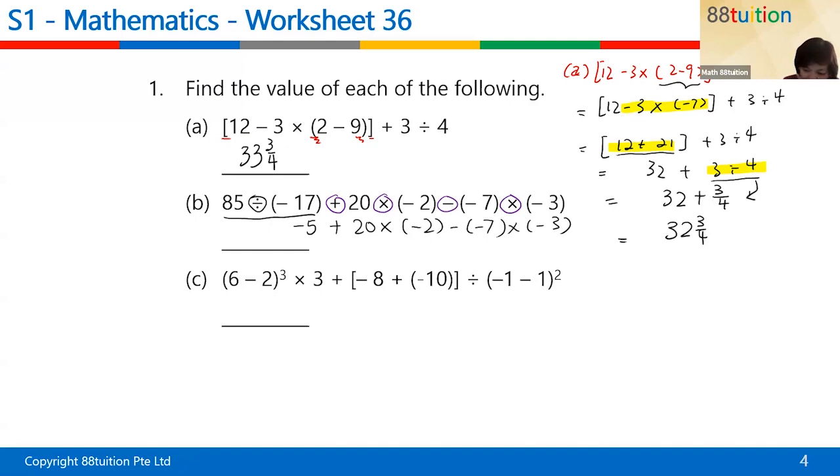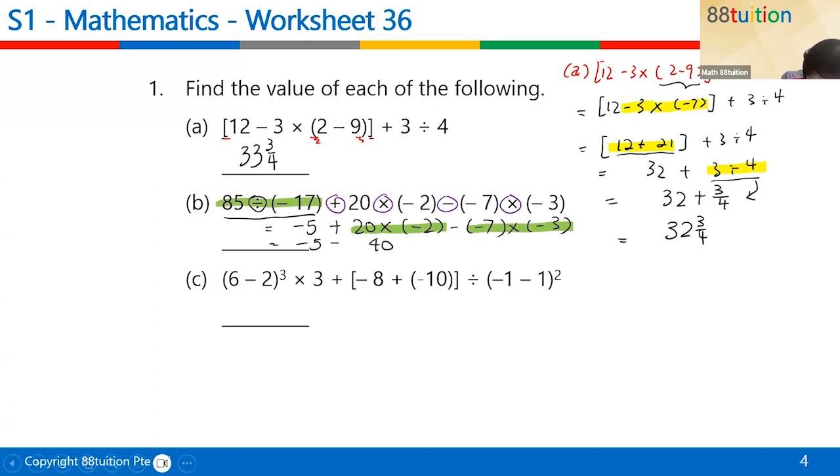So where is the multiply? I do this first, right? And you see, I can do 2 at a time because I have a multiply at the back. So I have equal minus 5 minus 40.